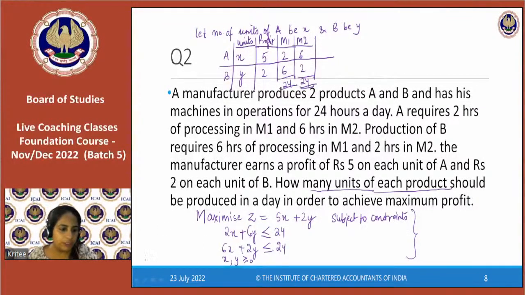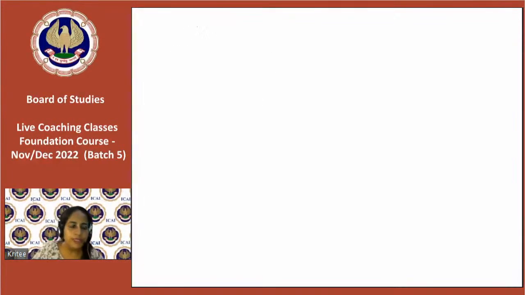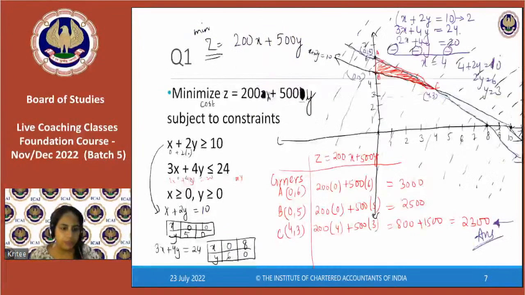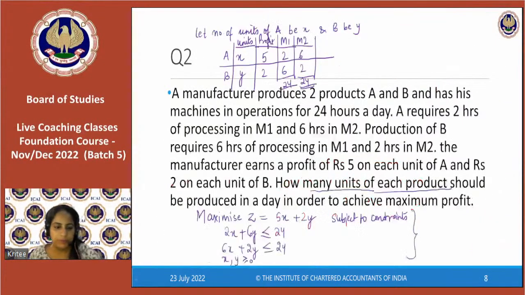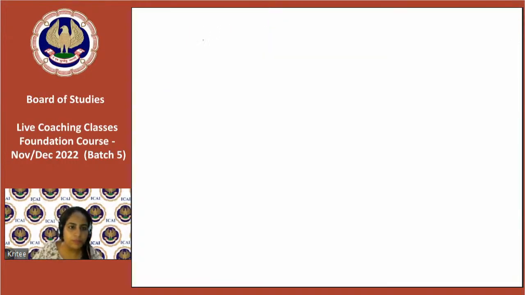So what we'll do is we'll just take it into the blank screen. So my condition was: maximize Z equal to 5X plus 2Y, subject to 2x plus 6y less than or equal to 24 and 6x plus 2y less than or equal to 24.